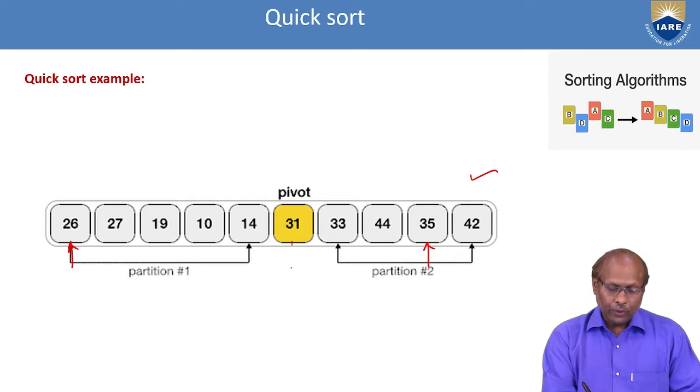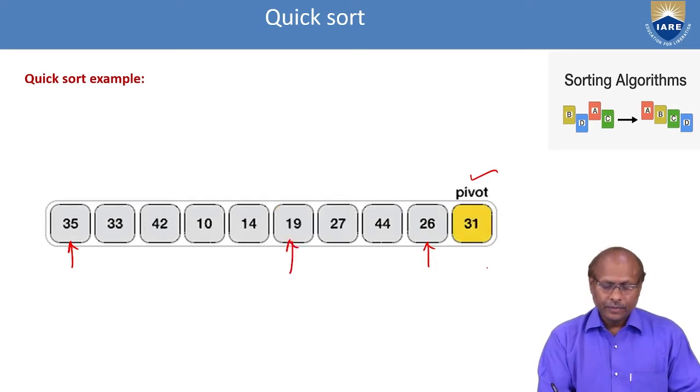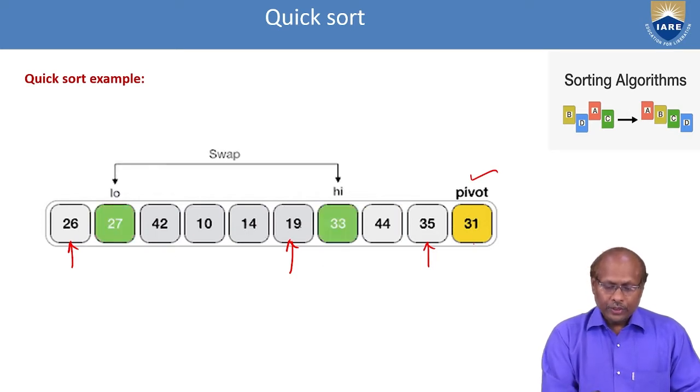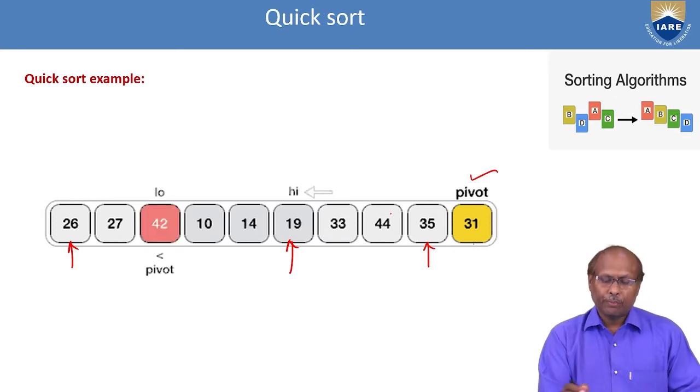So it found the position, 31, the correct place. Initially low and high start here; 35 is less, no, so interchange here. Low is less than high, again interchange. Whenever the condition fails, it has to swap.